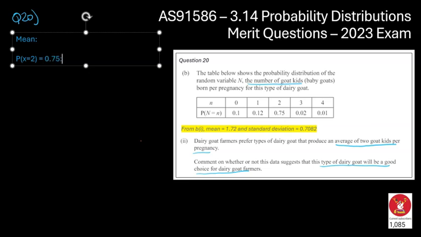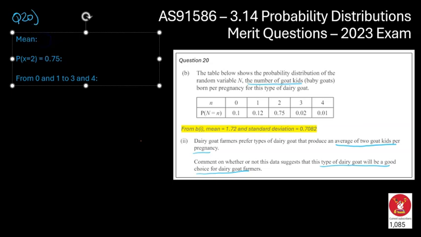If you're wanting 2 goats per birth, 3/4 of the time, that's pretty good. And then the final thing I want to talk about is the other probabilities. Why this group here, the 0-1 group, compares to the 0-3 group. So compare 0 and 1, 2, 3, and 4.